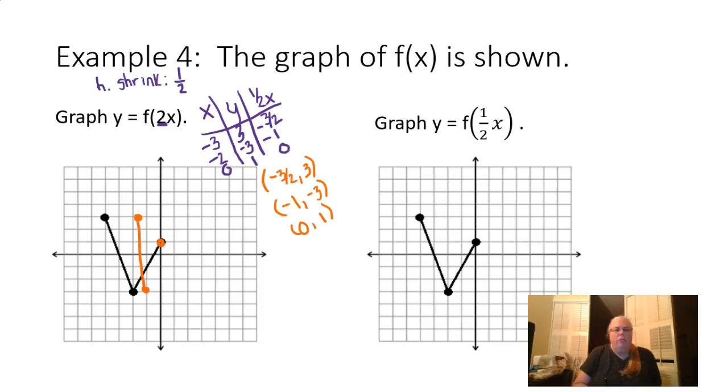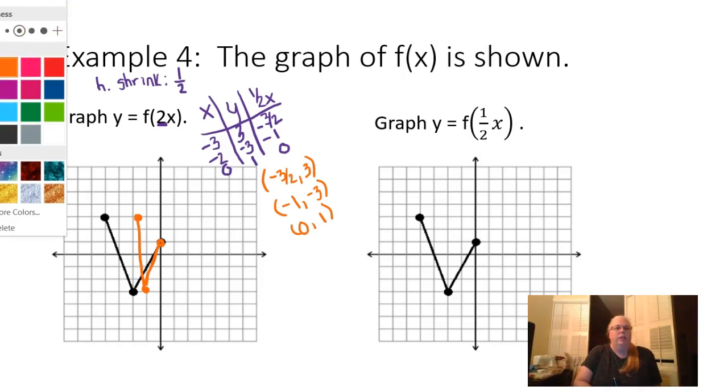My graph transformed is going to look like that right there. So you can see horizontally we've taken a graph that's doing this and we've smooshed it together a little bit. That was the effect that the 2 had on the graph.